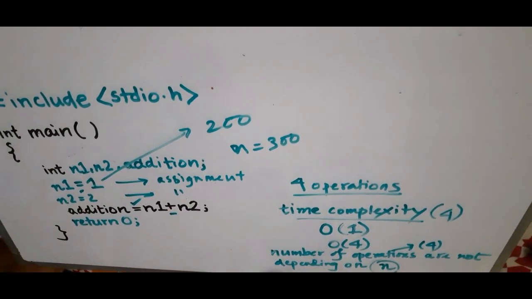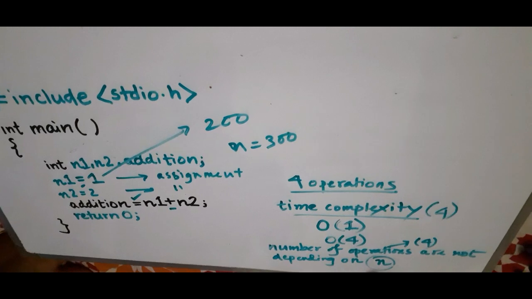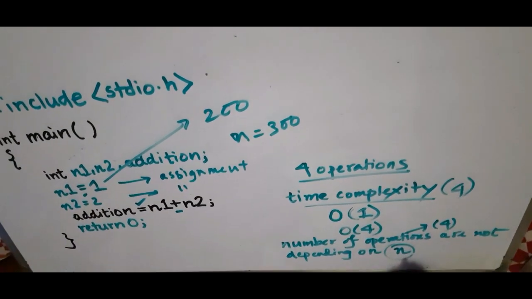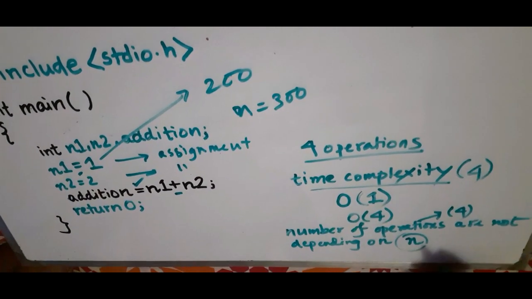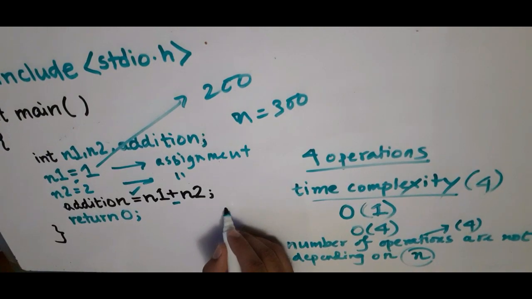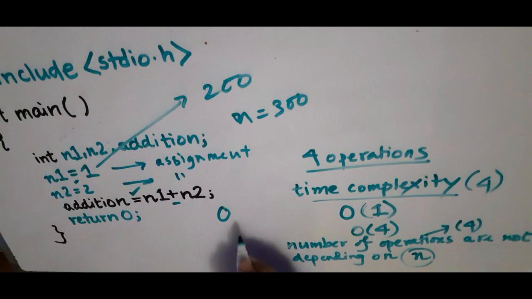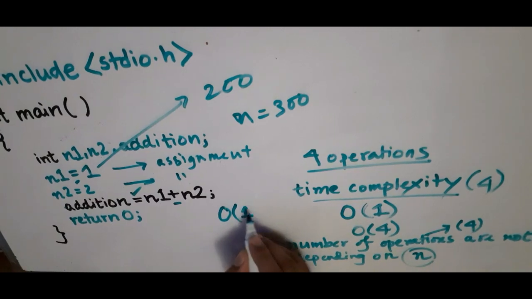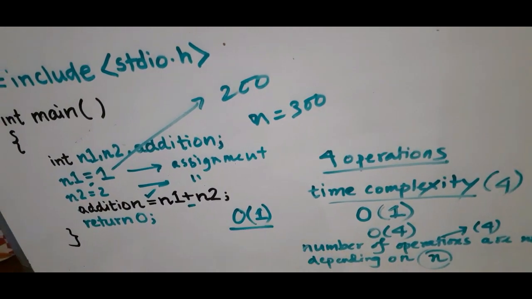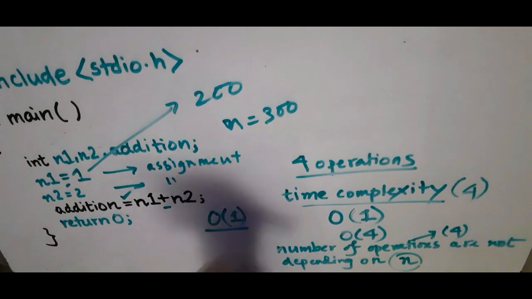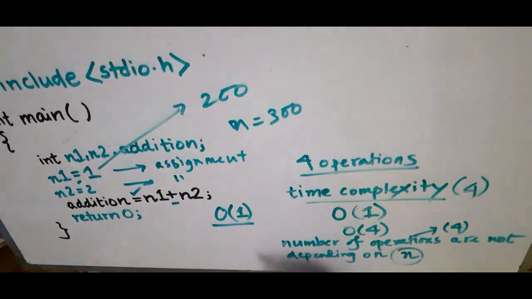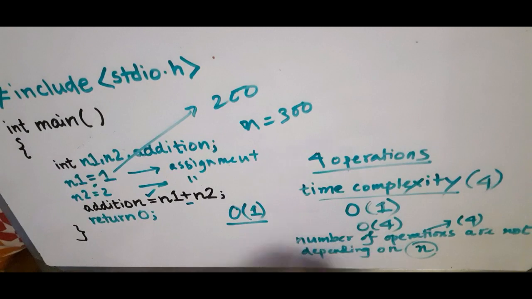So as the number of operations are not depending on the value of n, we can say the order of this problem is O of 1, right? We will see another example in a while.